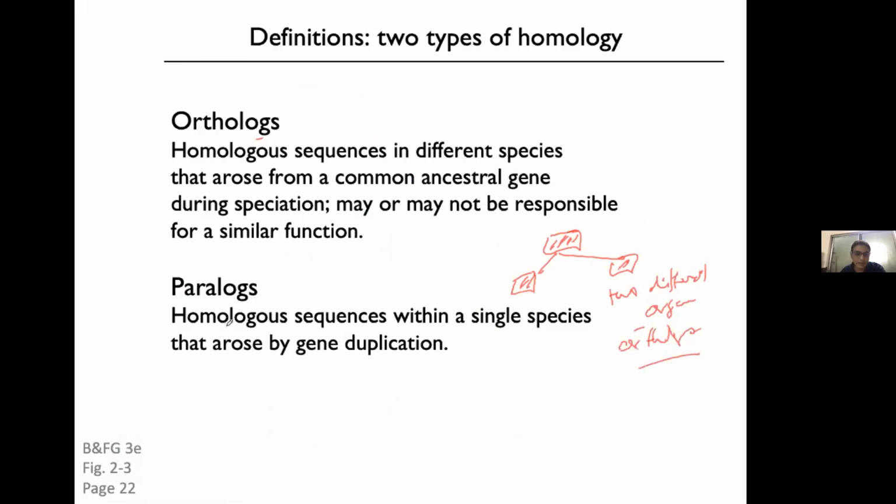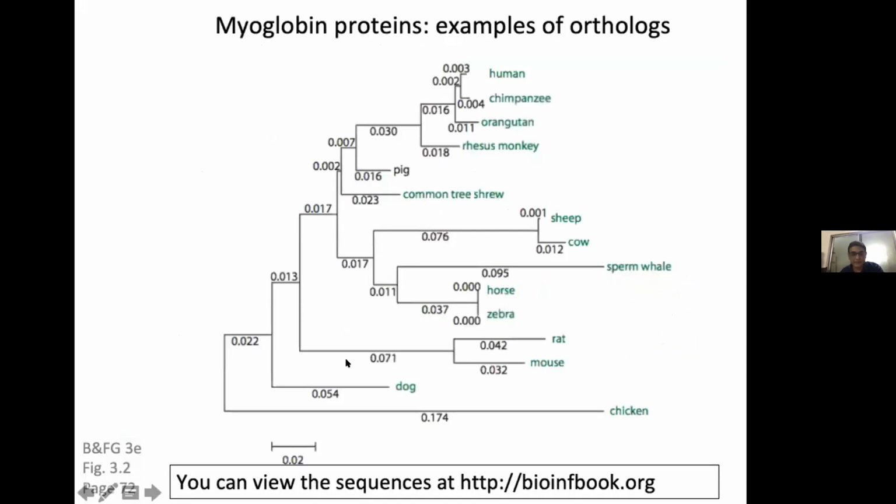And homologous sequences within a single species, for example, are in the same species, and this is due to gene duplication. You can see here the orthologs, the myoglobin found in different organisms: human, chimpanzee, orangutan. So this myoglobin, we call them orthologs in different organisms.